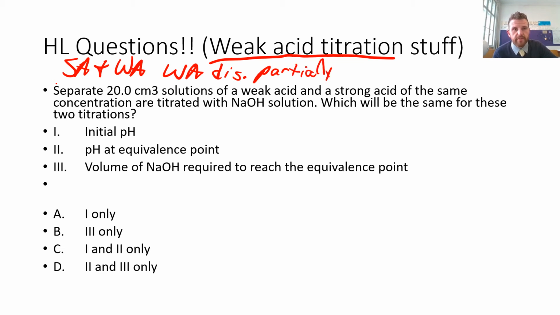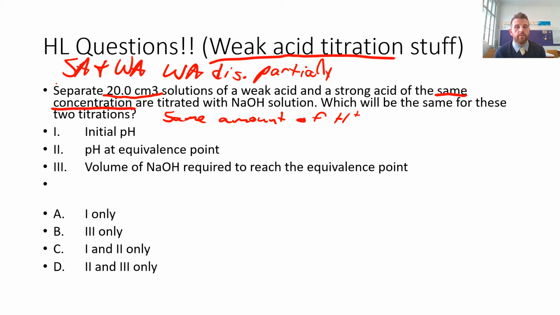If they have the same volume and the same concentration though, there's going to be the same amount of H plus available. So since there's the same total amount of H plus, it's just a weak acid is going to dissociate at a different rate.